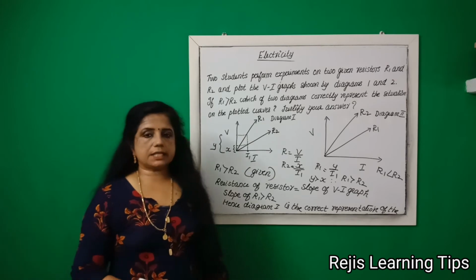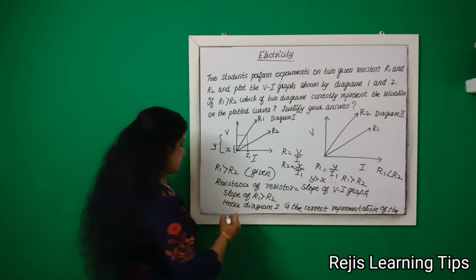So diagram 1 is the correct representation of the given situation.